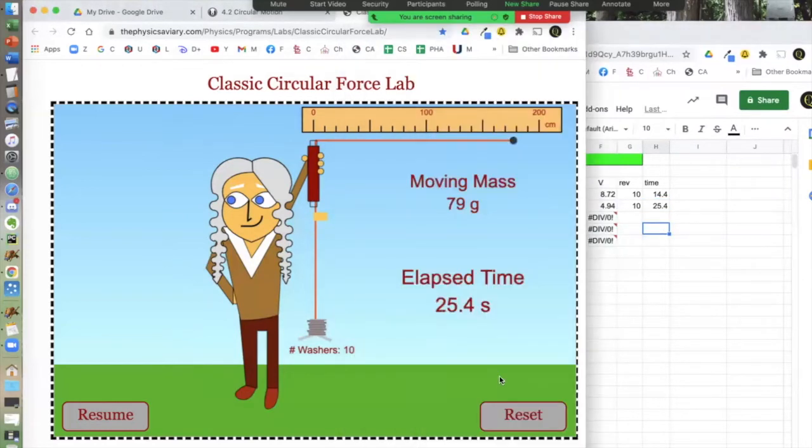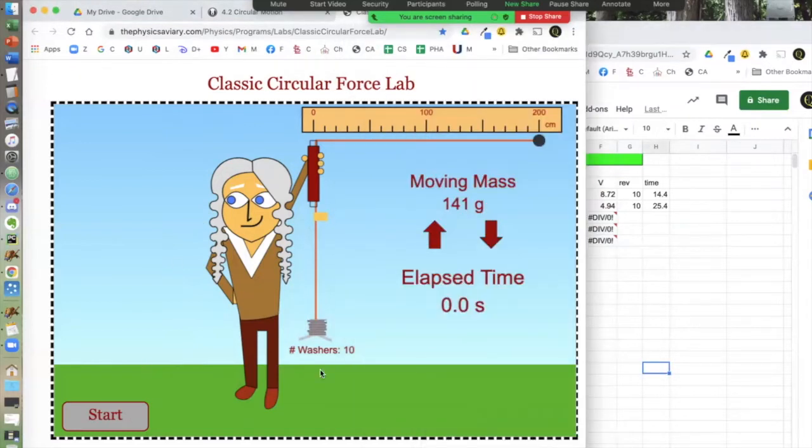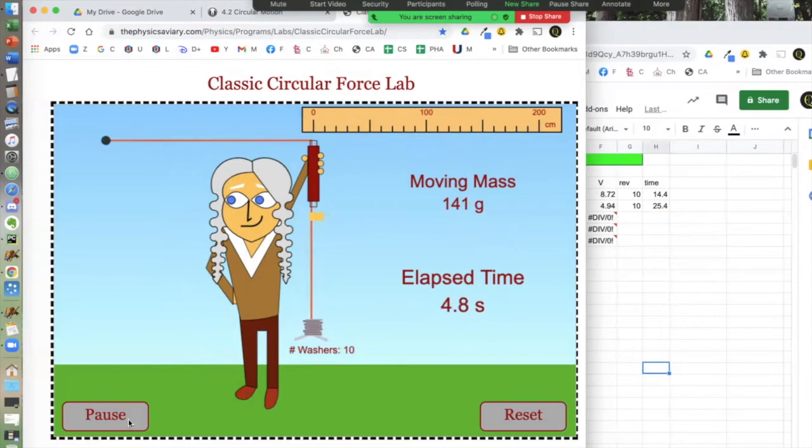Okay, reset. 141, so that's 0.141 kilograms. And we're going to start it. I'm not going to go as many times this time. 1, 2, 3, 4.